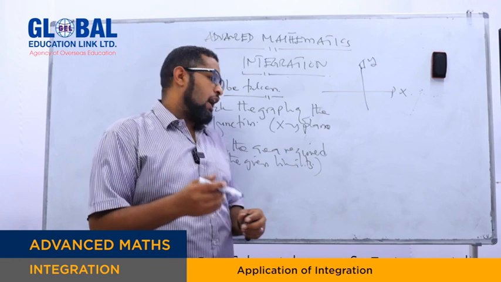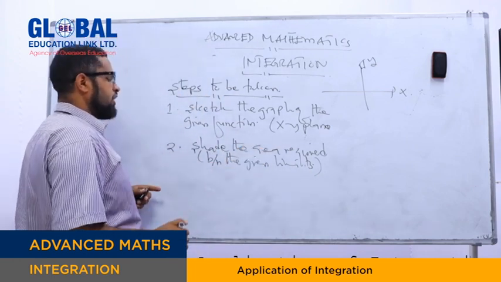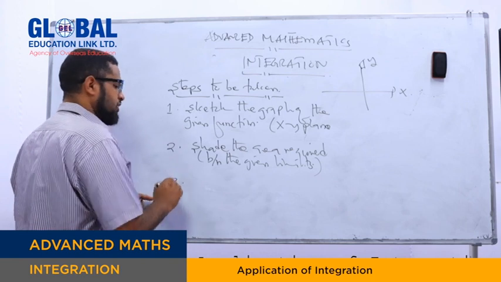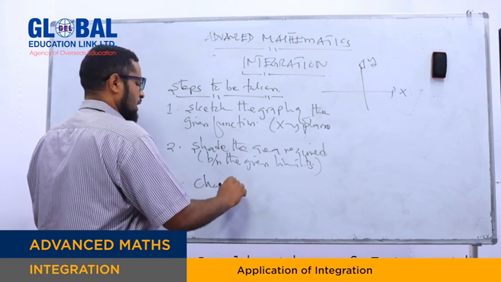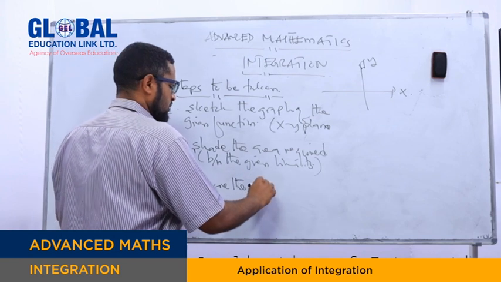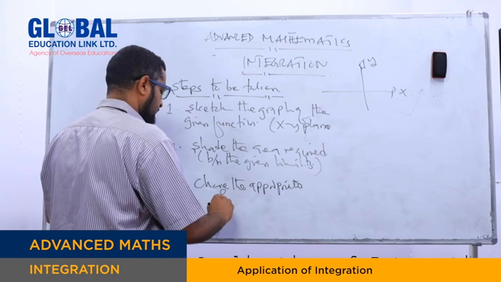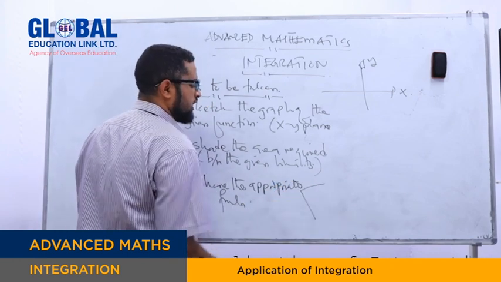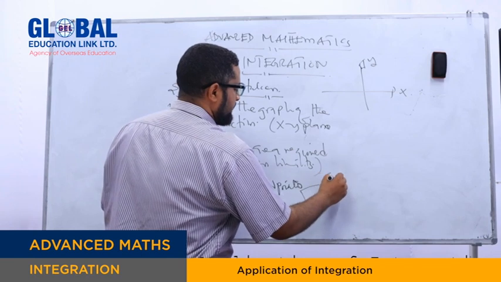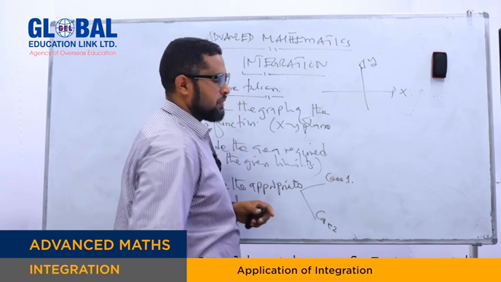Then, after shading the graph between the given limit, the third step is to choose the appropriate formula, in which it is now time to choose the case. Is it case 1 or case number 2?